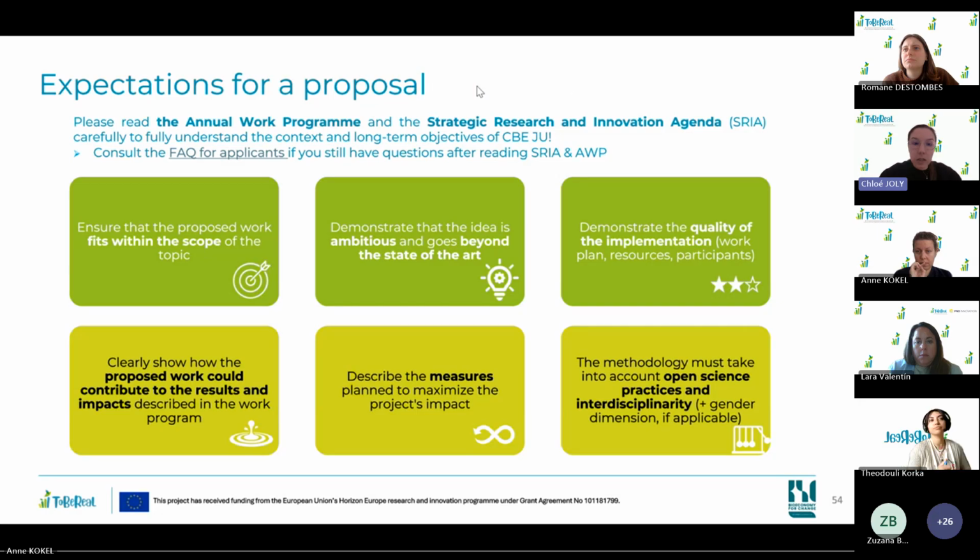So that's why the work plan, the budget, and the consortium are so important. You also have to clearly show how the work could contribute to the results and impacts of the work program, so of CBE JU, how you contribute to solving the challenges that CBE is pointing out.